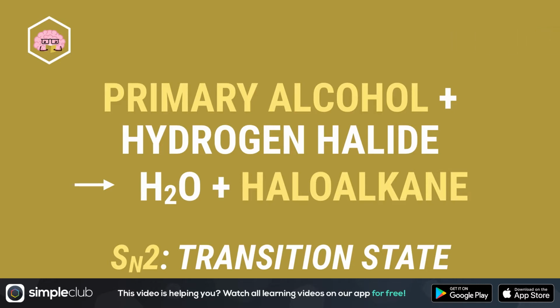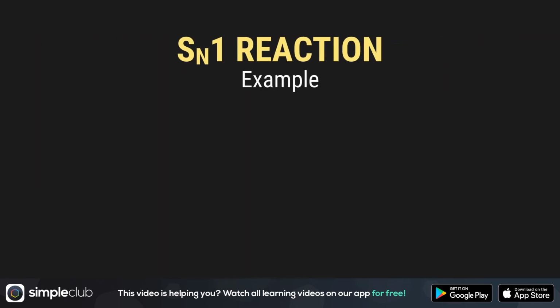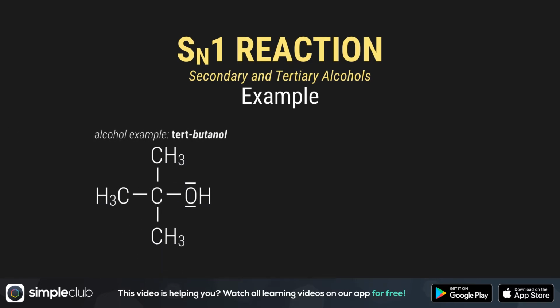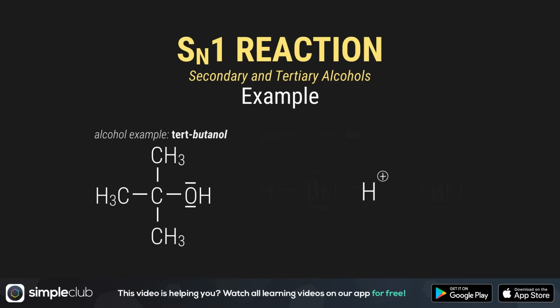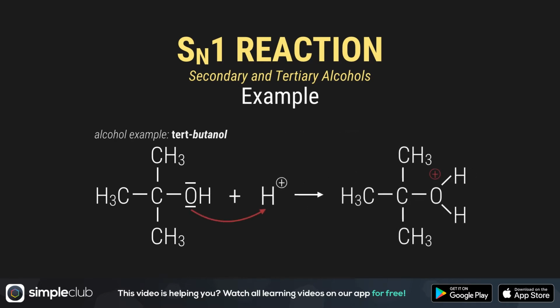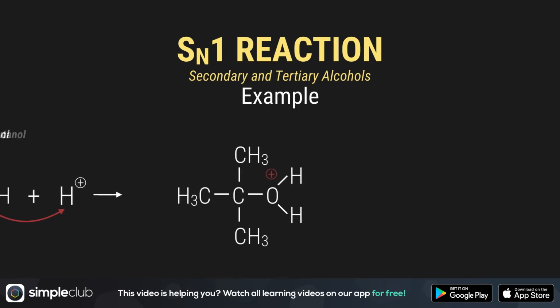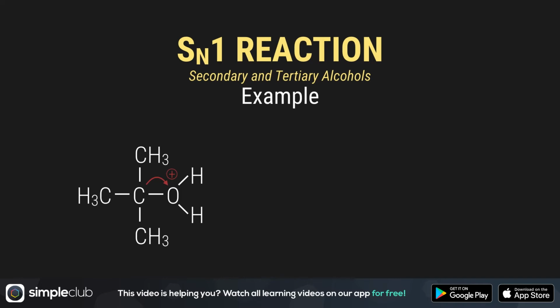Now let's look at the SN1 reaction. This is what goes down when we've got secondary and tertiary alcohols. For our example here, we're going to use tert-butanol. And once again, it's going to be reacting with hydrogen bromide. Like before, this process causes HBr to dissociate and OH to get protonated to H2O. The difference between this and the SN2 reaction is that here, the water dissociates so easily on its own, without much outside influence.